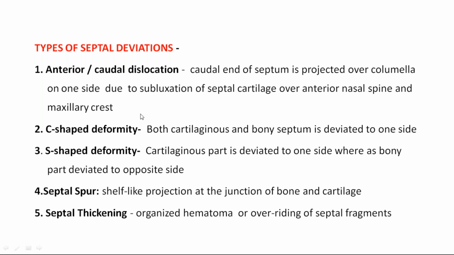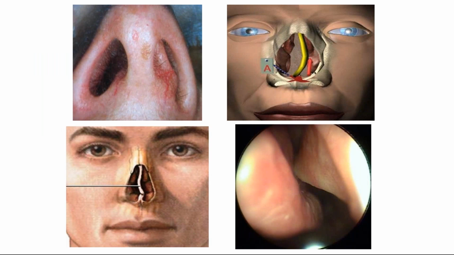Here you can see very clearly the caudal end of the septal cartilage. Usually you don't see it, but when you see the caudal end of the septum, then you say there is a caudal dislocation or anterior dislocation. Now here you can see this is the caudal end of the septum. Can you see? Very clear cut.